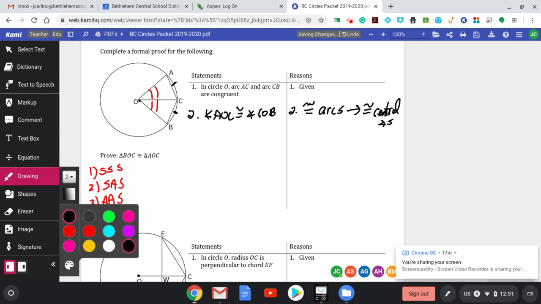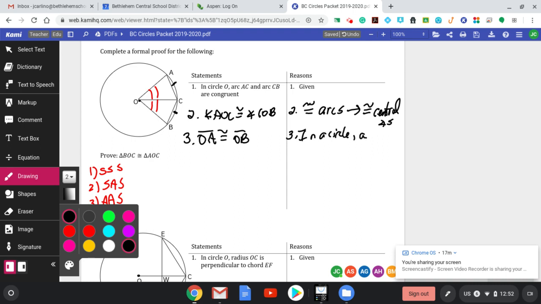Well, if you take a look, don't forget about this. This is huge. What are OA, OC, and OB in this diagram? What are OA and OB? They're all radii, right? So OA is congruent to OB in a circle.